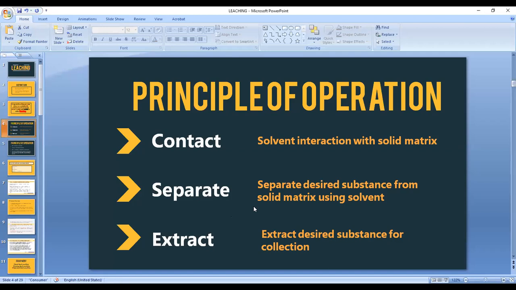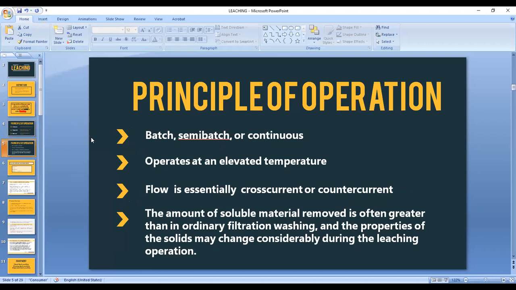So leaching oftentimes is followed by extraction because your solvent here still carries the component of interest and they have to be separated. Now this can be operated by batch, semi-batch, or continuous process and operates at an elevated temperature.